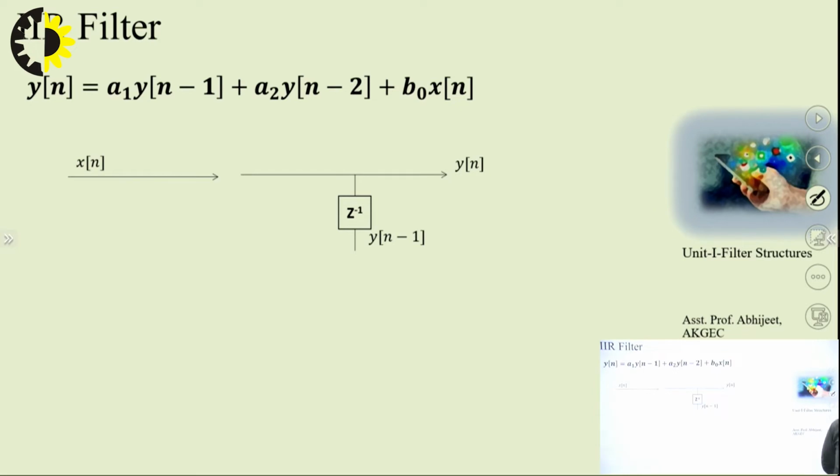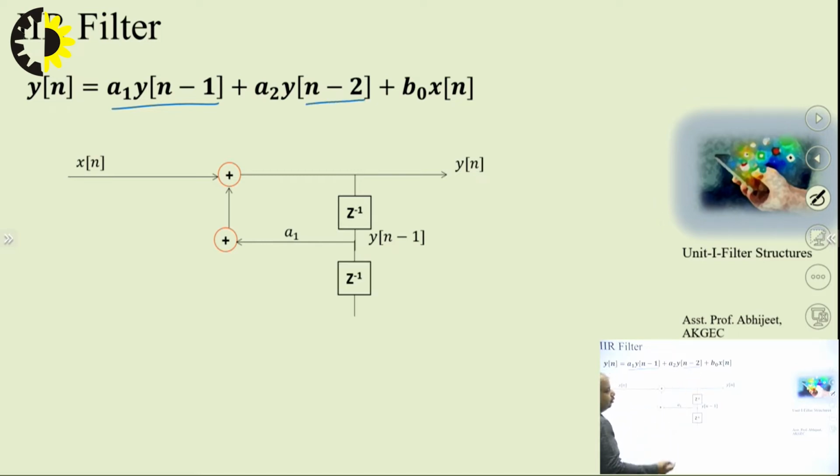From the output we take a delay to get y of n minus 1, pass it over the coefficient a1, and add it at the input. This is for this component. We also require y of n minus 2.